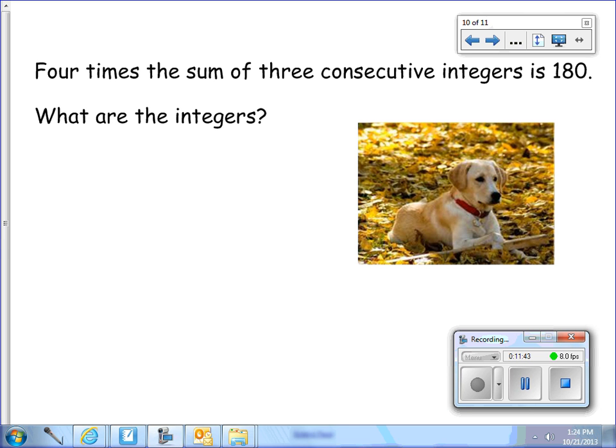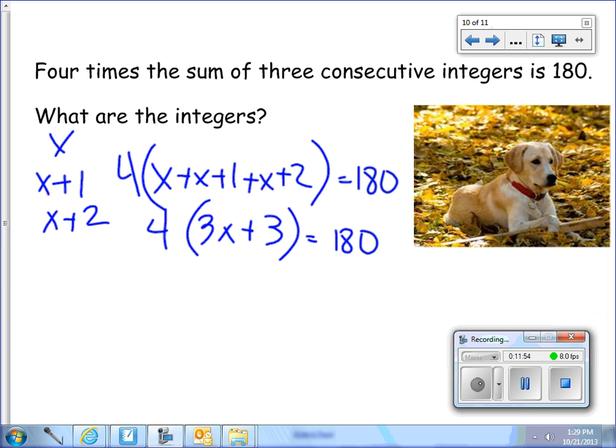We have worked with the sum of consecutive integers, and now we're adding 4 times. So I'm going to pause it, come back, and show you the answer. So we set them up. On the left-hand side, you need to make sure you have x as your first, x plus 1, then x plus 2, because they are consecutive numbers. That was our first clue.